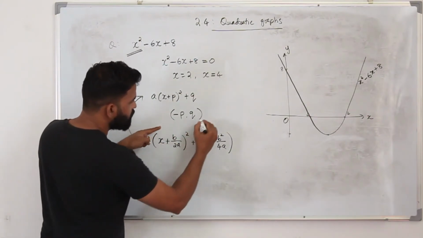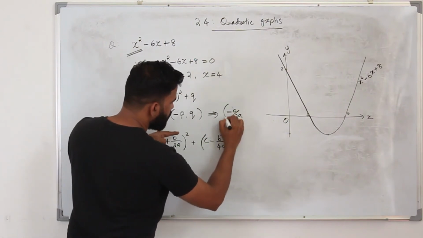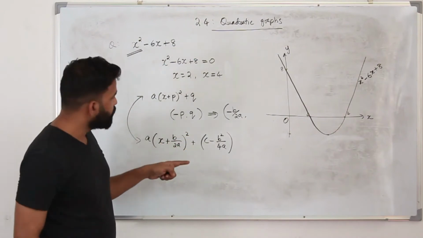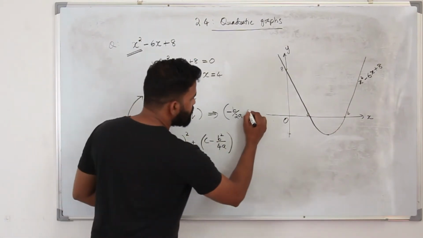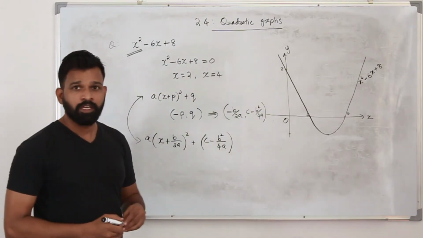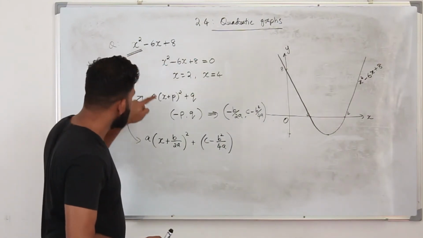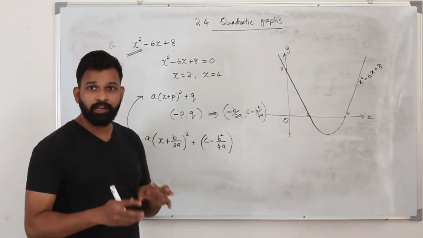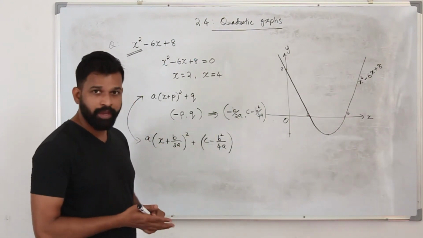So in other words, this point is minus b by 2a, because minus p. And q is whatever the term here, which is c minus b square upon 4a. So you can either convert this to this form and find the turning point, or you can straight away write the turning point as minus b by 2a.